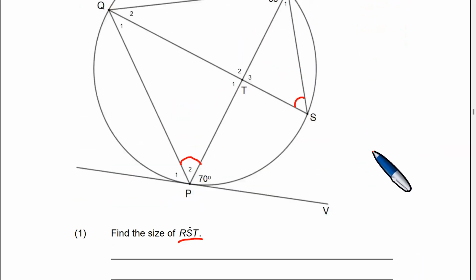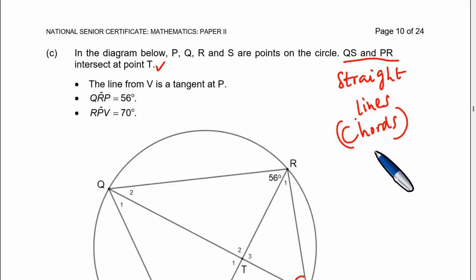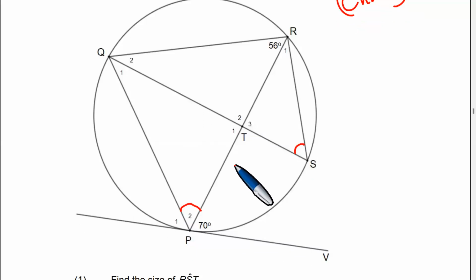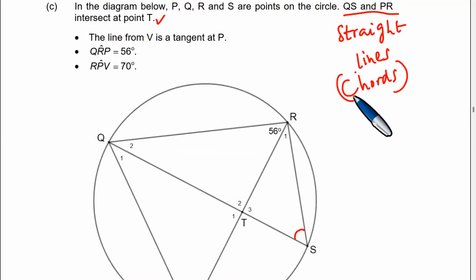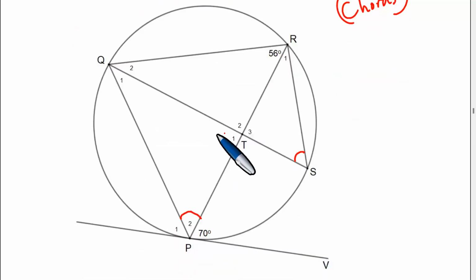So every time they tell us that there are lines that are intersecting, they are immediately straight lines. That's very important, because whatever we are doing now, that this angle equals this, was not going to work if the lines were not straight. If this shape was drawn and they intersect here, they might look straight, but the examiner will have to tell us they're straight.